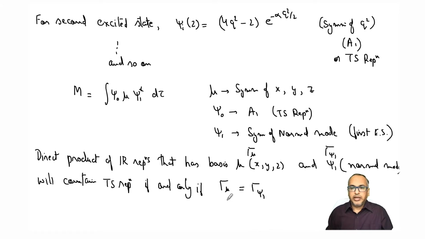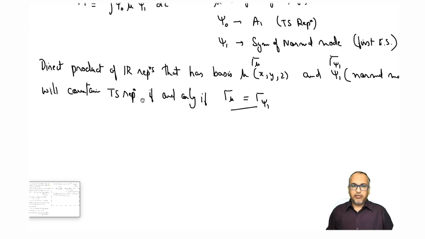Then only will the direct product contain the totally symmetric representation and the integral survive. The integral will not go to 0 only if tau mu is equal to tau psi 1. The symmetry of mu is fixed, and we know the symmetry of psi 1.